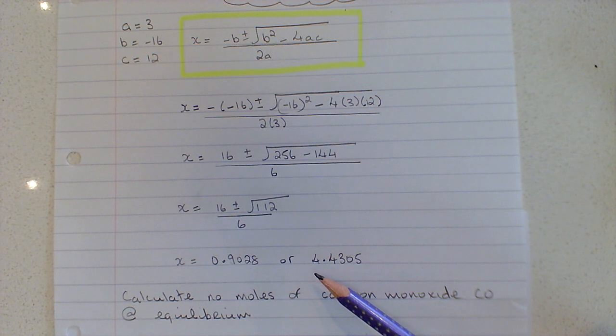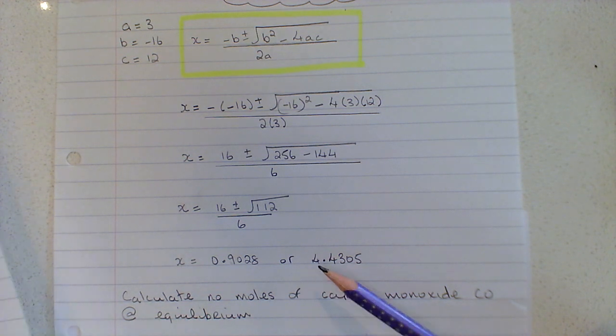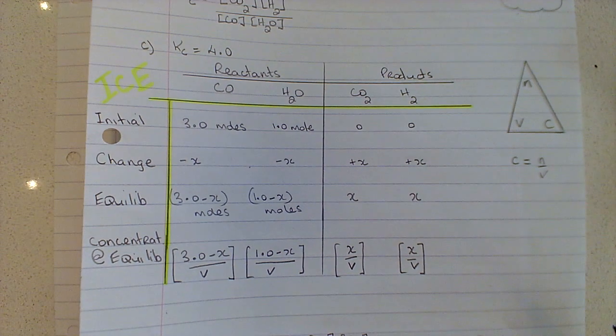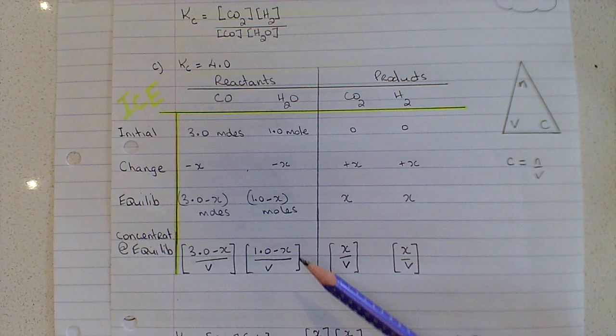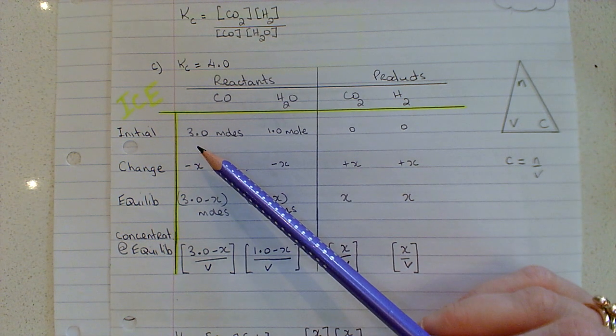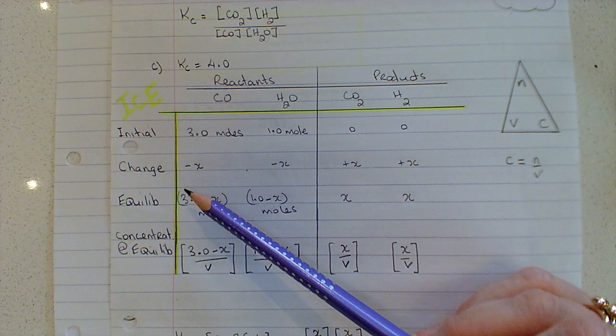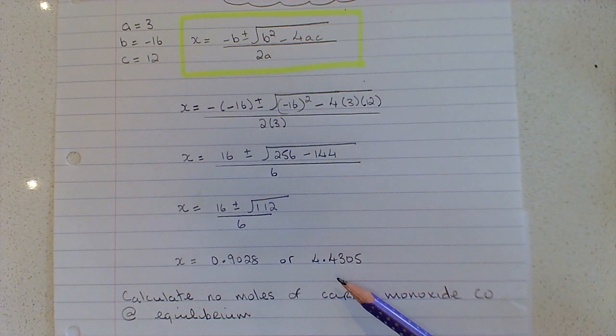So let's look at those two values. One of those makes sense and one of them does not. When I go back to my table for my equilibrium calculation, I see that I started off with 3 moles of carbon monoxide and I'm losing x moles. So there's no way I could be losing 4.4305 moles if I didn't have those to start with.